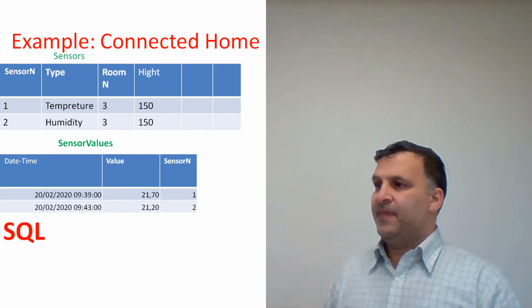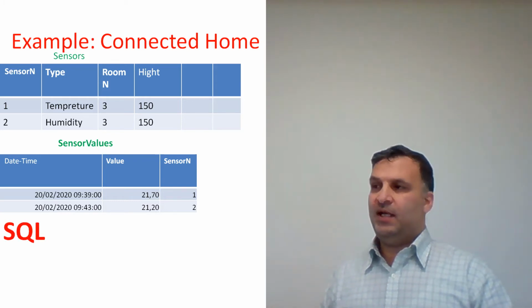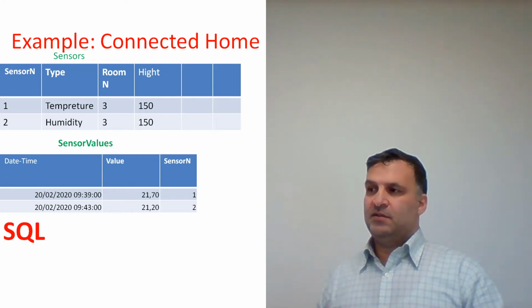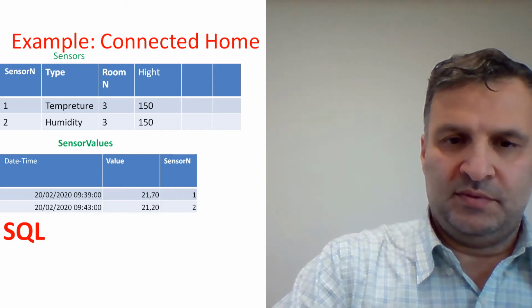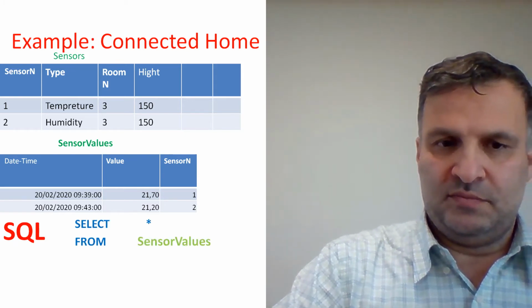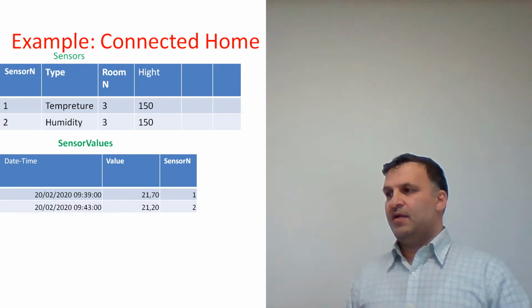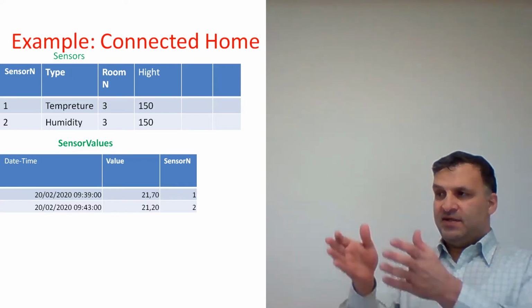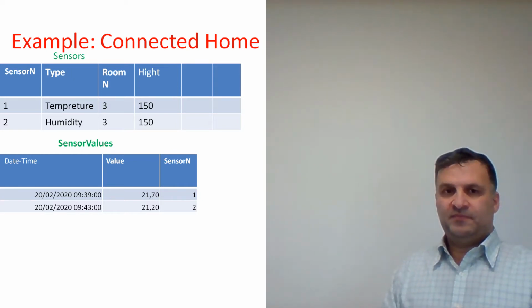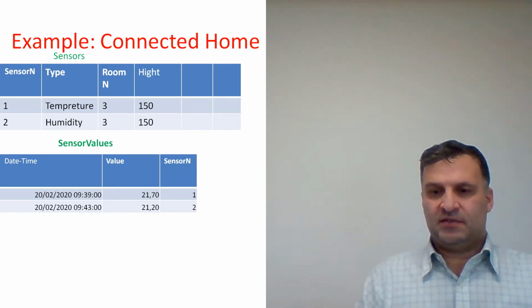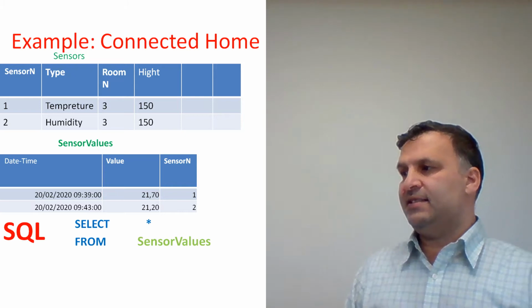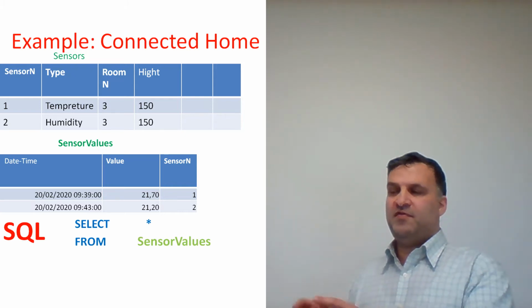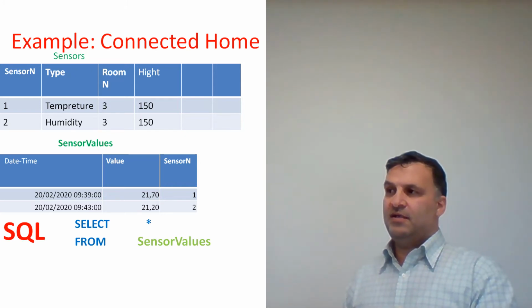What are the suitable SQL commands that are good? How can we see this table, the table of the values of the sensor? With SQL, we can select star from the name of the table.